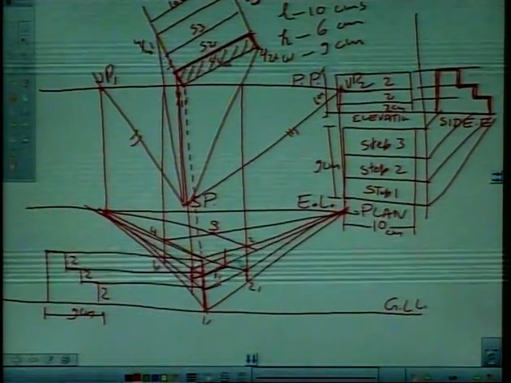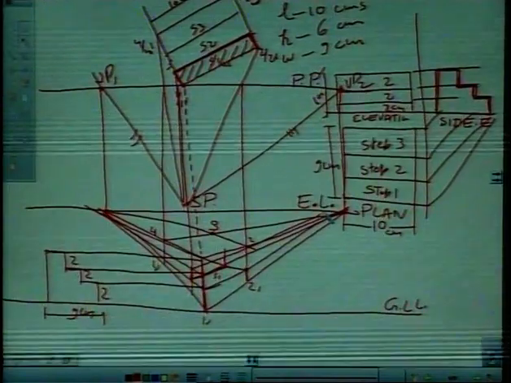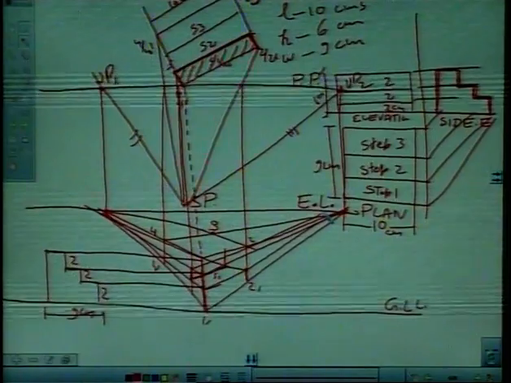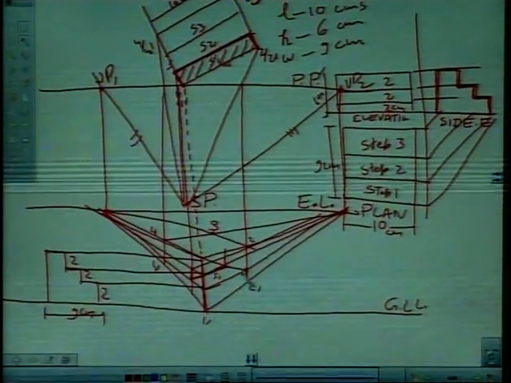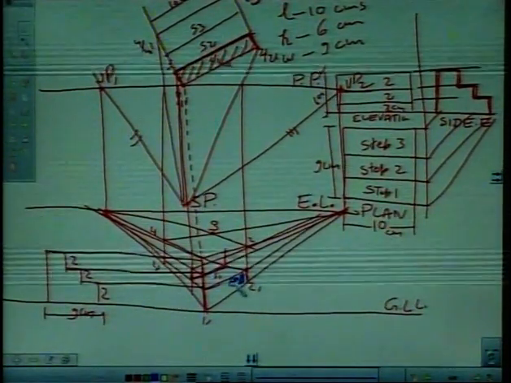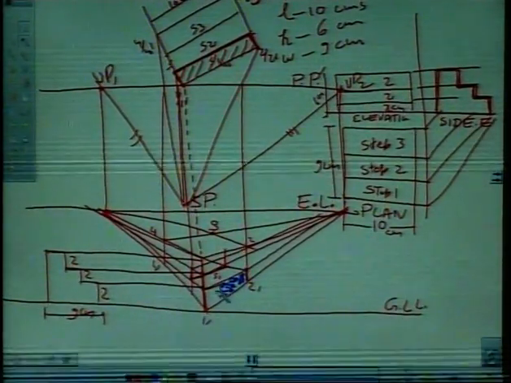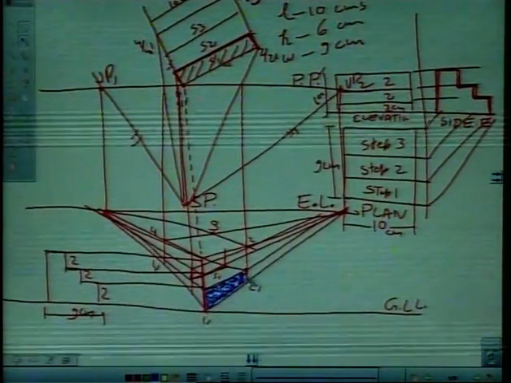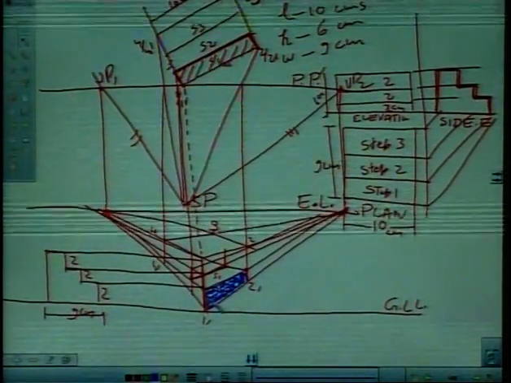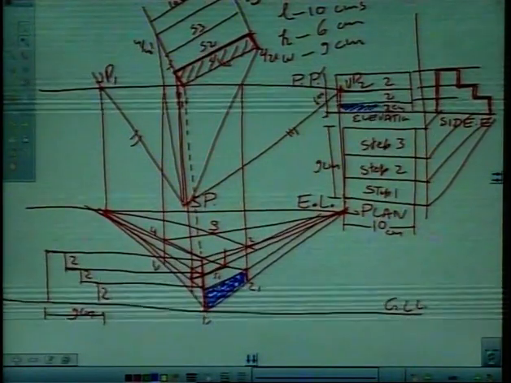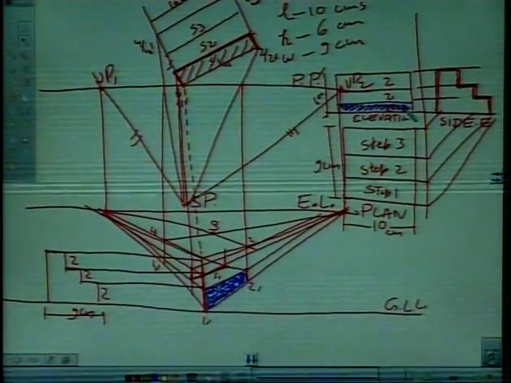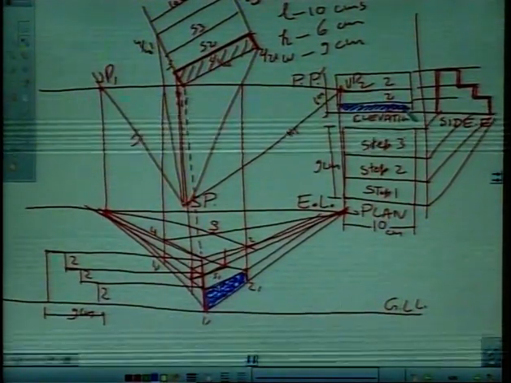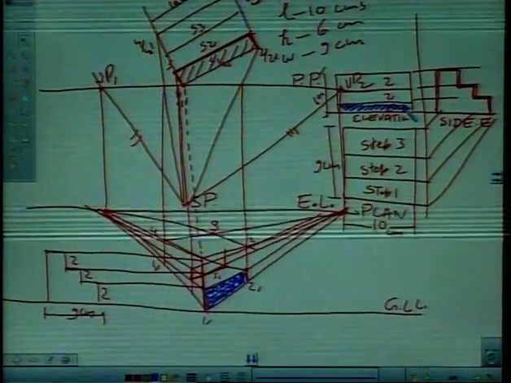And vanish this like this. I will draw in a different color, say blue. This blue color represents the height of the first step, right? And this rectangle here represents the height of the second step.